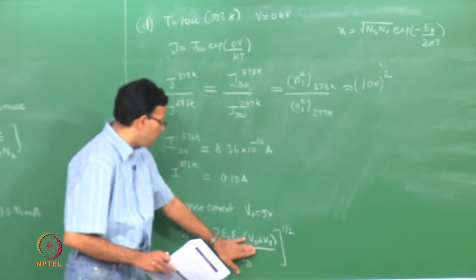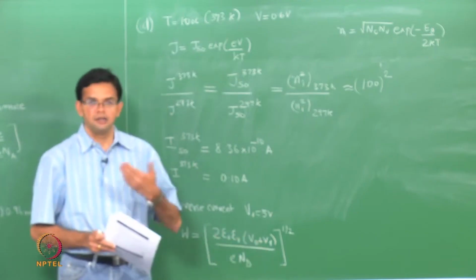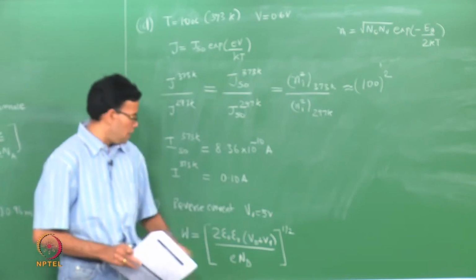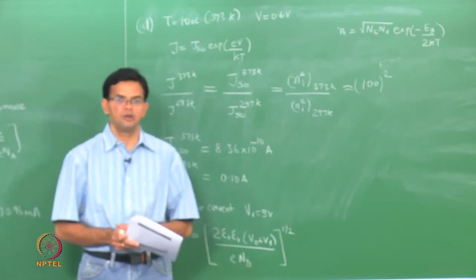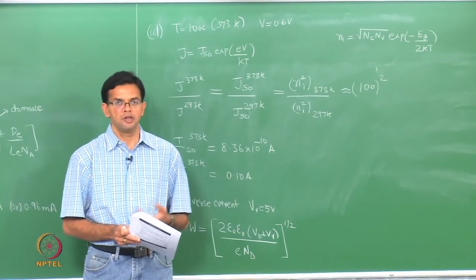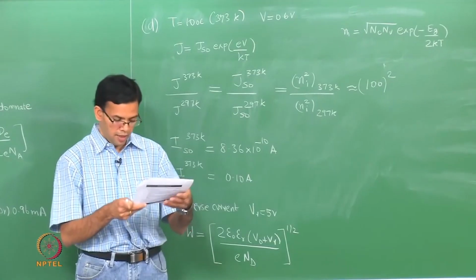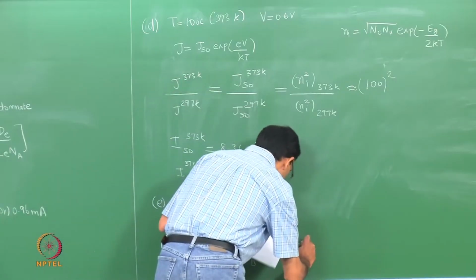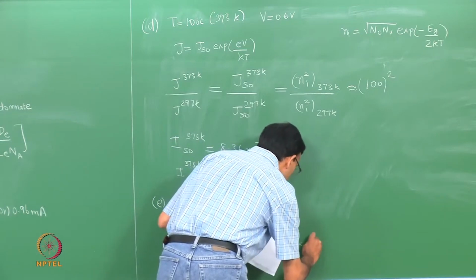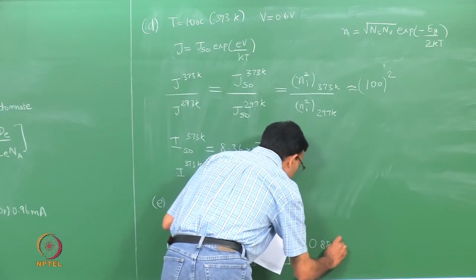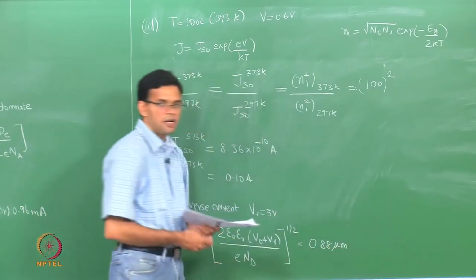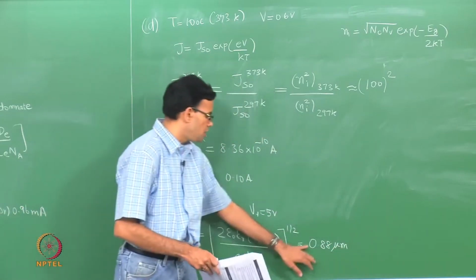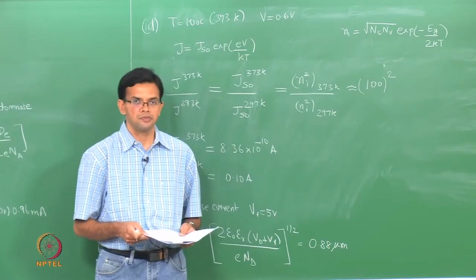We only modified it to add the reverse bias voltage, and we also removed the contribution due to Na because Nd is much smaller than Na. So, we can plug in the numbers. The new depletion width comes out to be 0.88 micrometers, and most of this is in the n side.